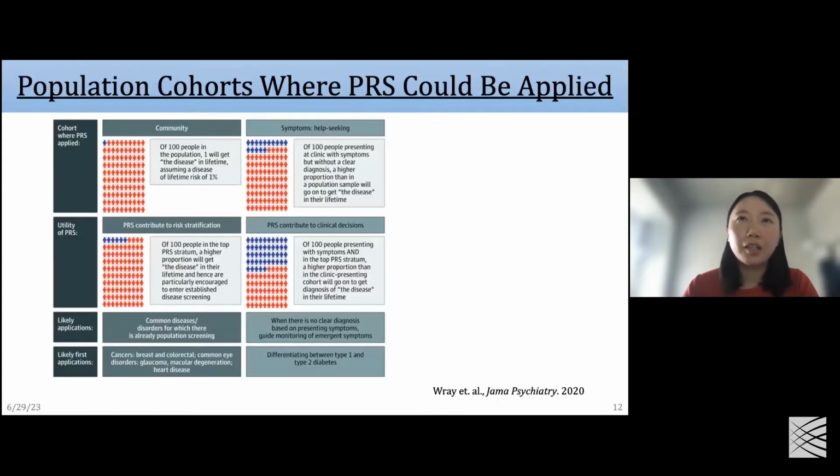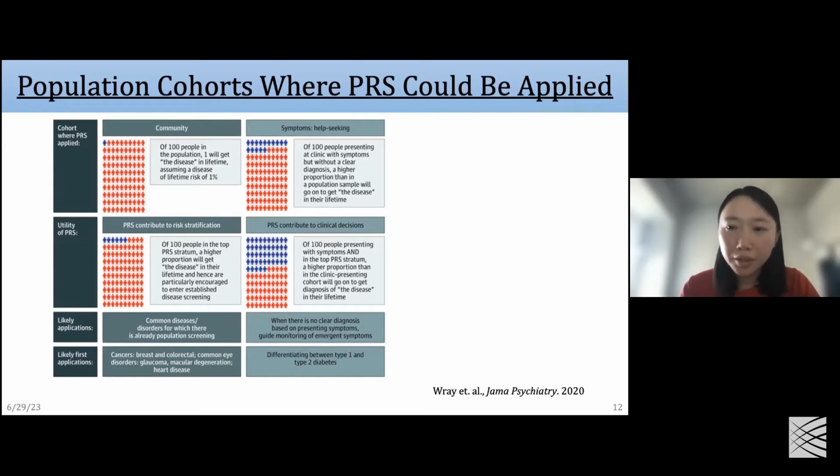Another scenario is when people are presenting with some clinical symptoms, but there is no clear diagnosis. In this scenario, PRS can be used to guide monitoring of emergent symptoms. For example, around 15% of adults presenting with type 1 diabetes are misdiagnosed as the more common type 2 diabetes.